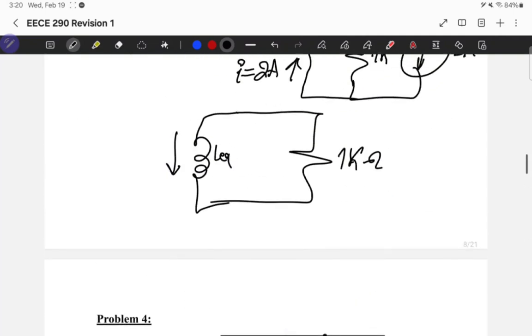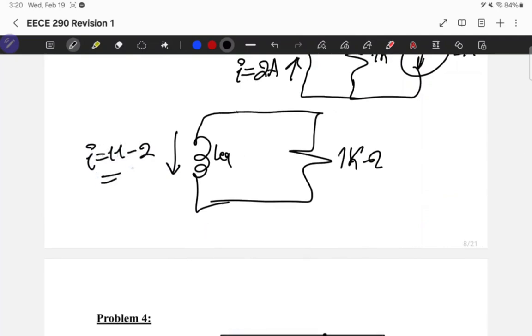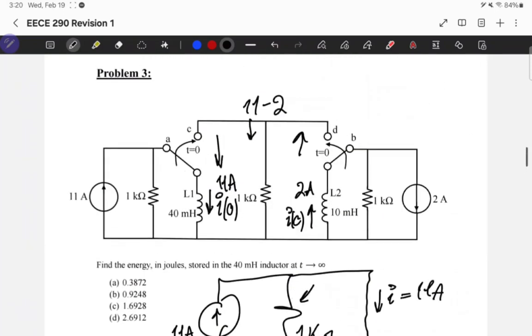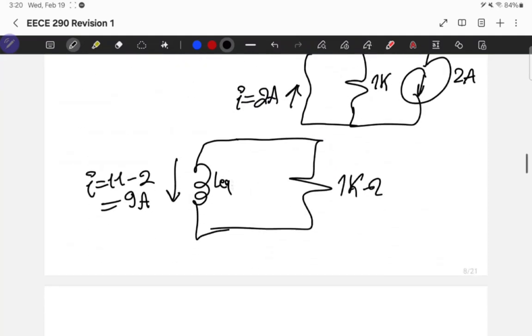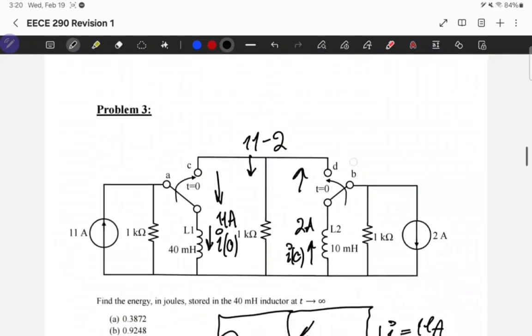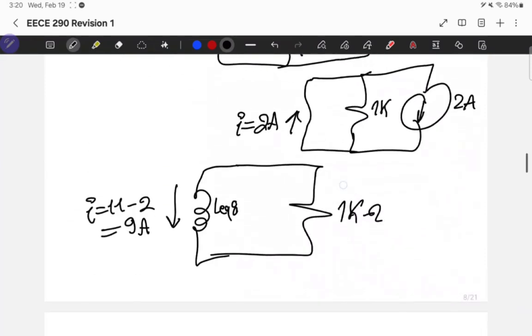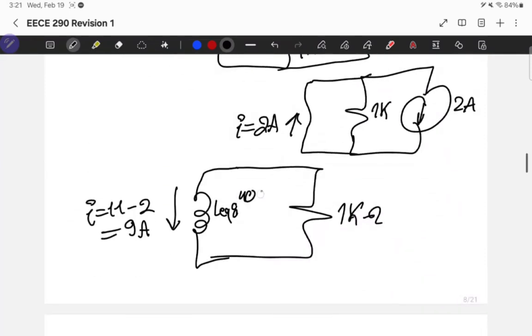So I equal 11 minus 2, which is 9 ampere. We start with 11 minus 2, 11 because we're going down, so the direction of our current is down. Okay, and L equivalent, because we have two inductors in parallel, which are 40 and 10, L equivalent will be 40 times 10 over 40 plus 10, which will be equal to 8 millihenry.